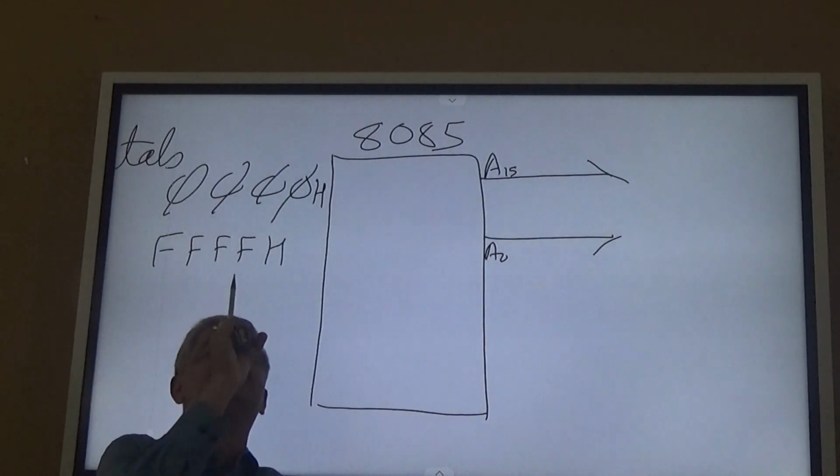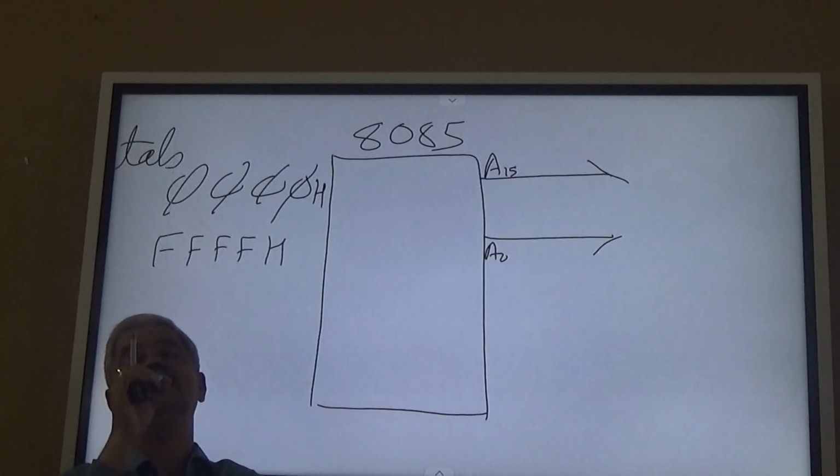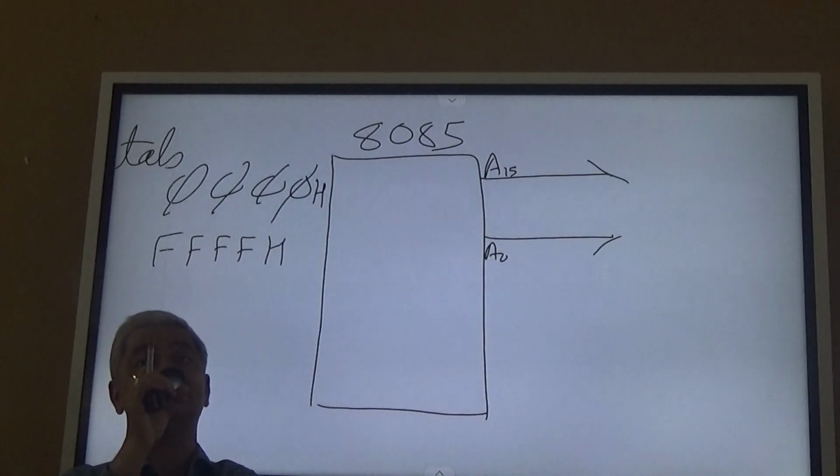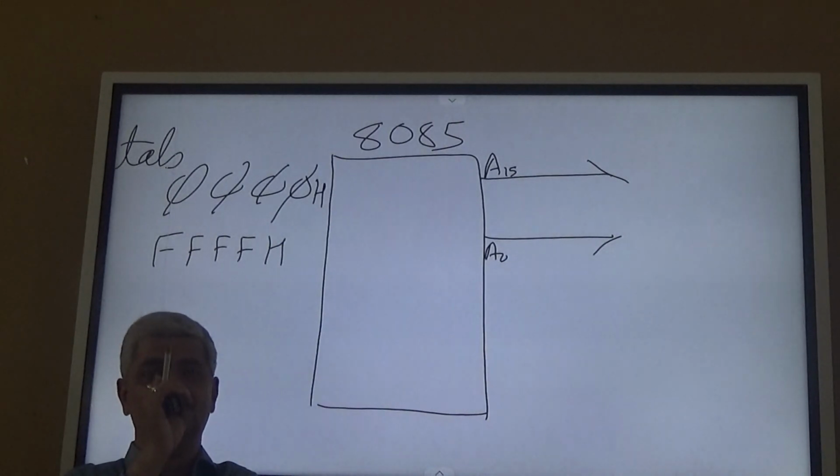So the microprocessor can output any of a total of 64K combinations on the address output lines. This is what it can do.